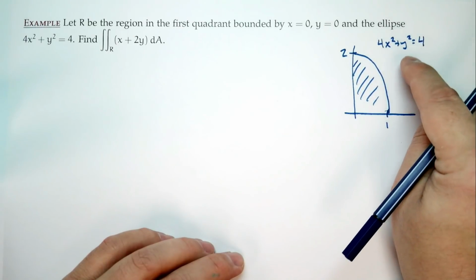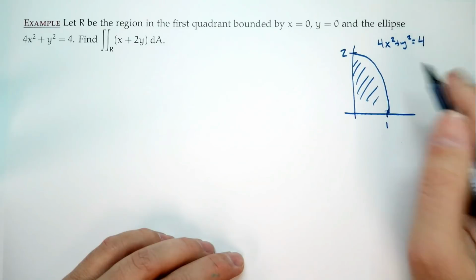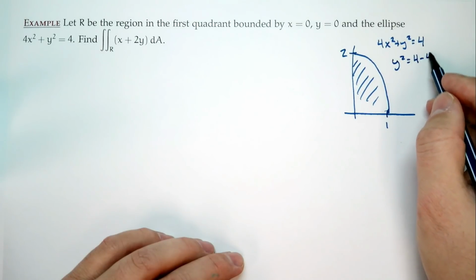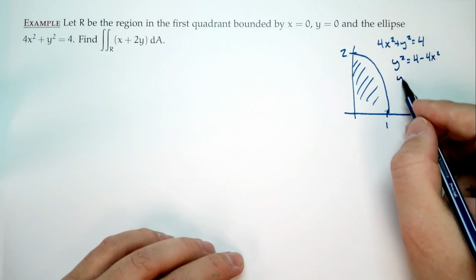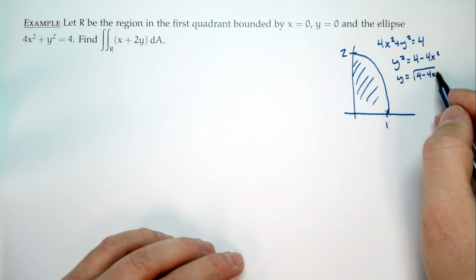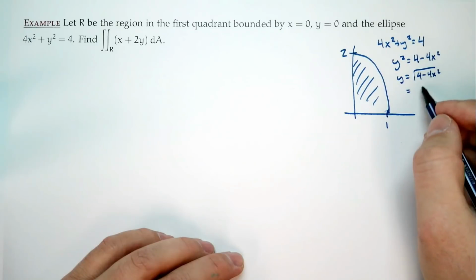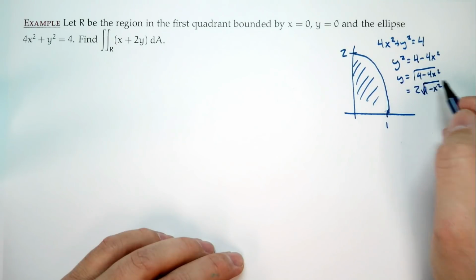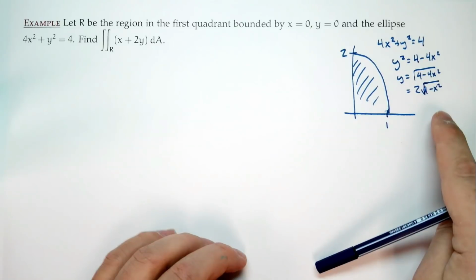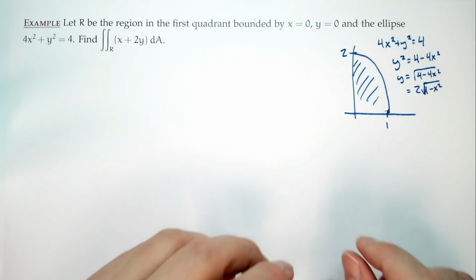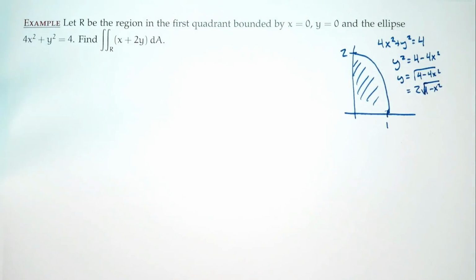Now, given a choice, I probably would want to solve for y, because I see it's the simplest to solve for. y squared is 4 minus 4x squared, or if I take a square root, y is the square root of 4 minus 4x squared, which you can pull a 4 out, that's common, to get 2 square root 1 minus x squared. And you're probably looking at that, saying, that's kind of like a circle. It is. It's a circle that's been stretched, because it turns out that ellipses are circles that have been stretched. All right, that's not so bad.